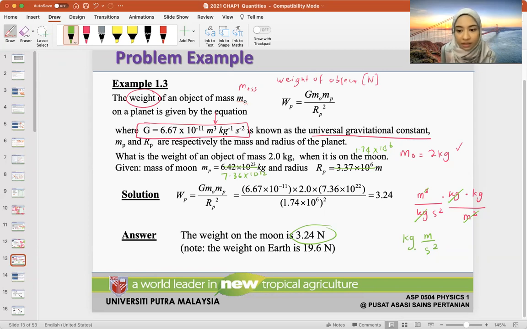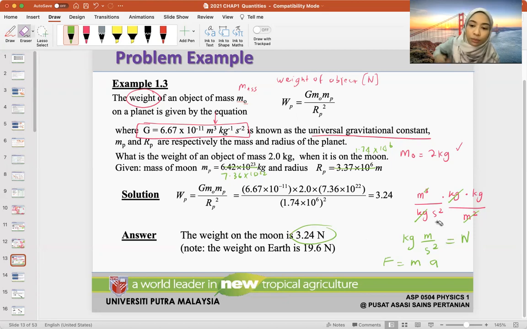What about the kg m s^-2? It is equal to the unit newton. Correct. Or F equals ma: this is mass, this is acceleration, you get force, which is in newton. So kilogram times meter over second squared is actually newton.